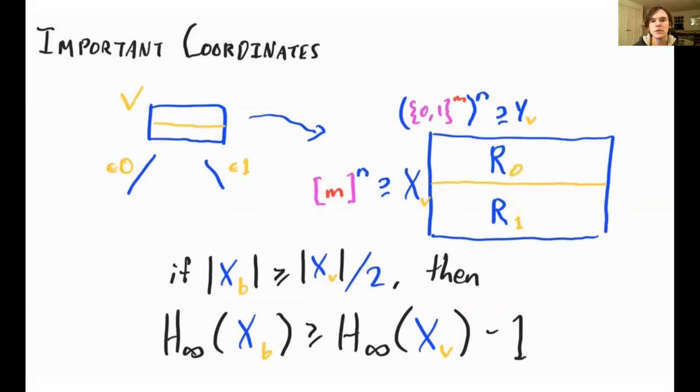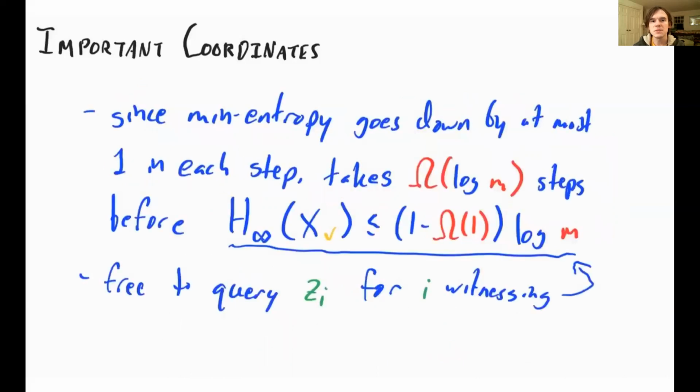The min entropy of the larger rectangle in the partition is at least the original min entropy minus 1. And this is great because this means that it takes you something like omega log m rounds before your min entropy falls by an order 1 times log m factor.